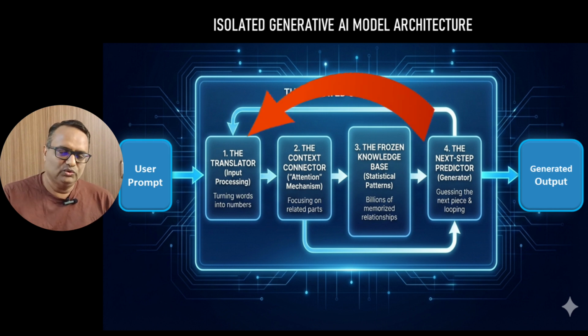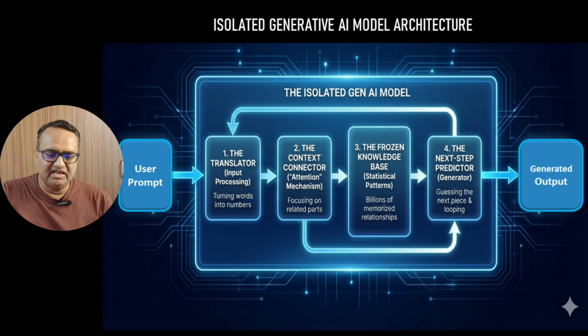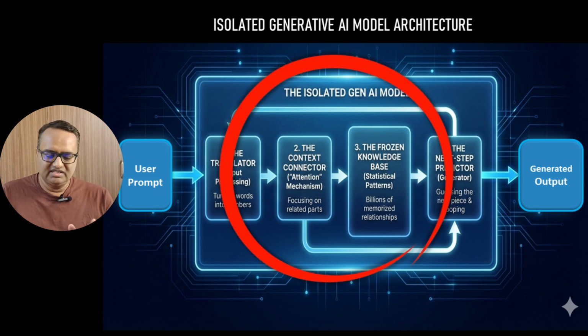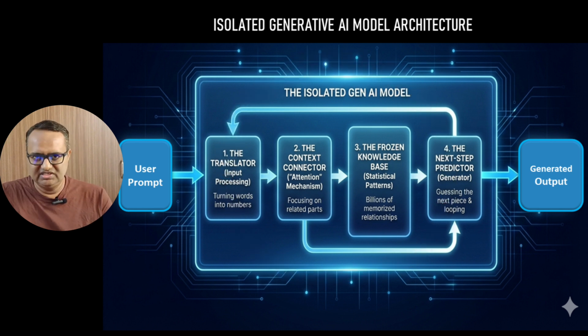It's a cyclic process. It continues until it generates the complete content. It stores it in a temporary memory, and finally the output is generated back into human readable language using NLP.